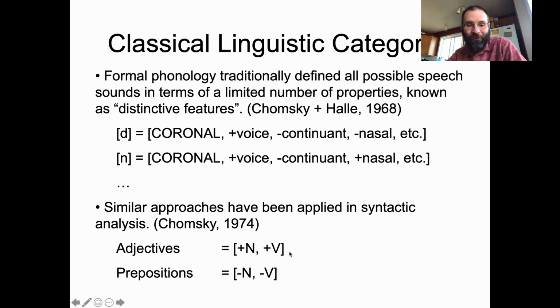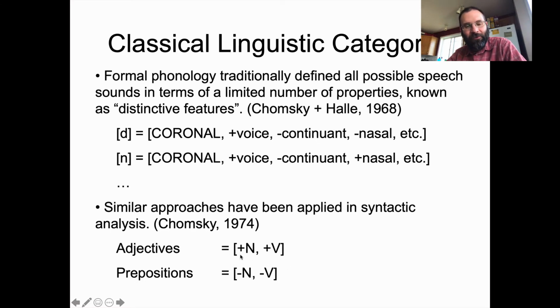When I was in grad school, I learned that similar approaches have been applied to syntactic analysis. I didn't go much further with syntax than this, because as you know, I prefer the sound world, but in theory, you could try to make it work. The features we learned about in grad school syntax were called N and V. What are those supposed to stand for? It's hard to tell.